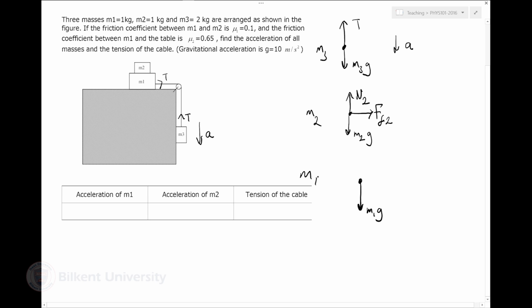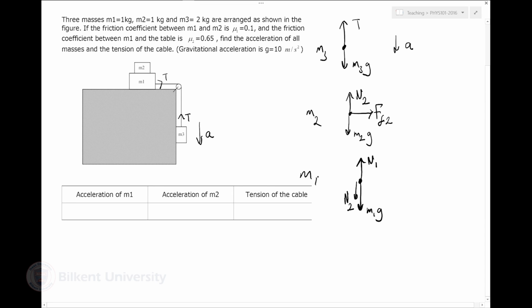N2 is the force acted by M1 on M2, which means there must be an equal and opposite reaction force. So N2 must be acting down. What else though? Because this object is not sinking into the table, there must be a normal force N1 on it, right?